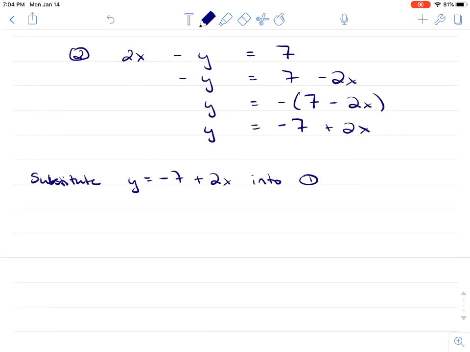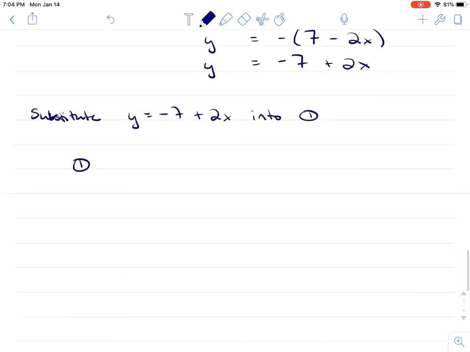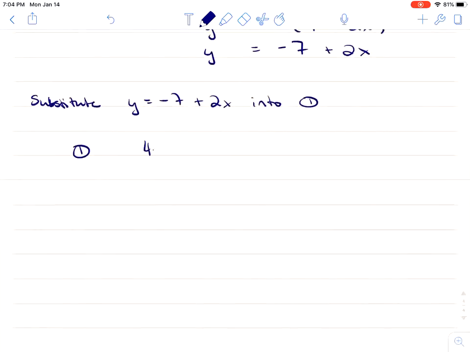So equation 1, let's copy it out: 4x plus 2y equals 8. That's equation 1. Now I've got my 4x, that's not changing, but I'm going to change my y and replace it with negative 7 plus 2x.